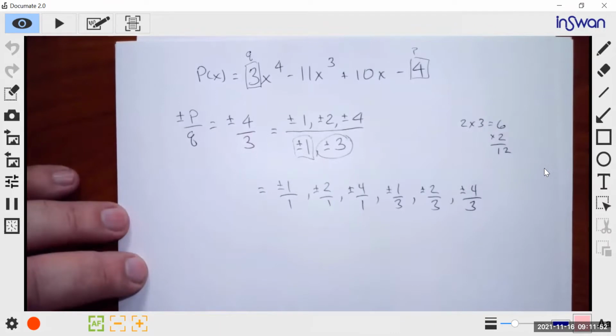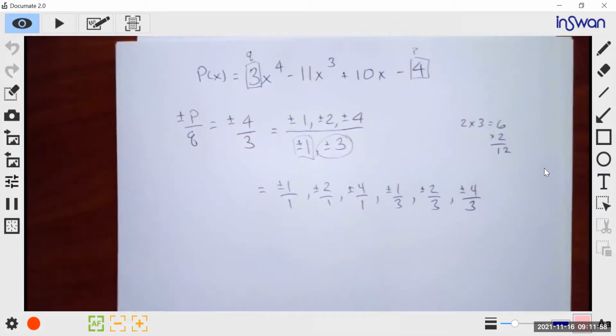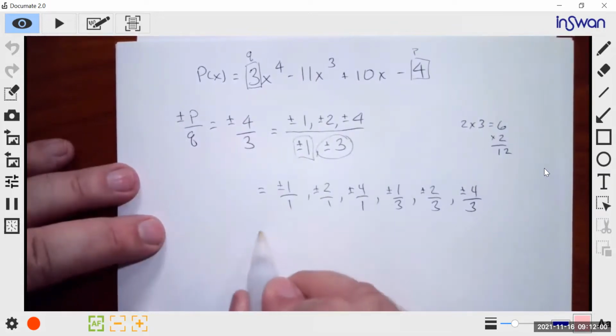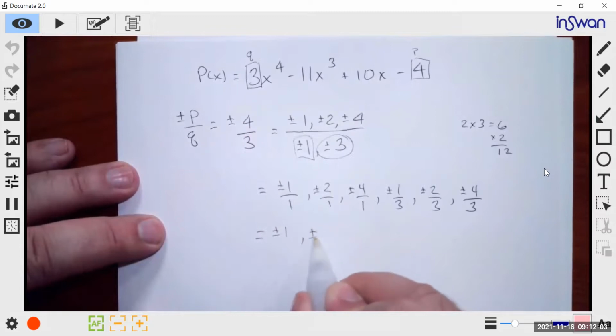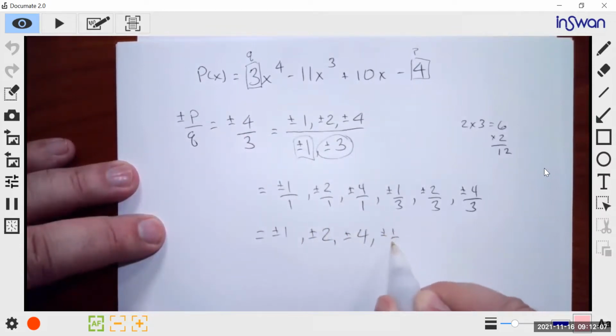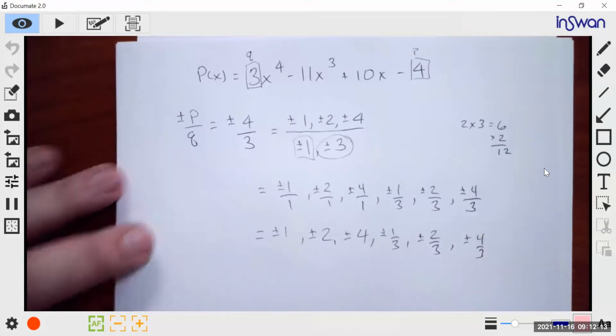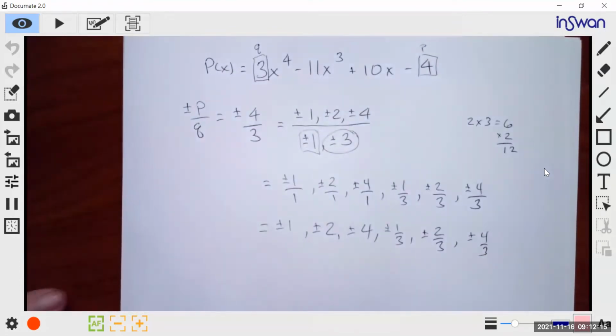Those are them. Make sense? So now all you have to do is start plugging these numbers into your synthetic division and see which ones give you 0. So that narrows it down first.